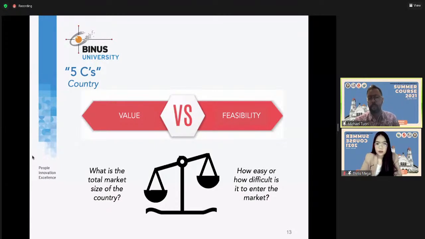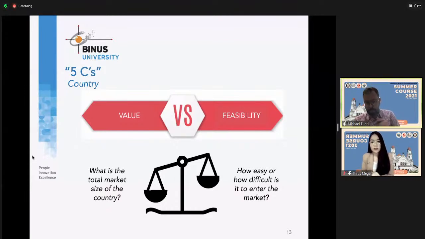So it's very difficult to enter the Chinese market. Usually there's a trade-off between value and feasibility. Usually really high value markets have low feasibility. If we think about China, Japan, US, it's very hard to be successful in those markets.